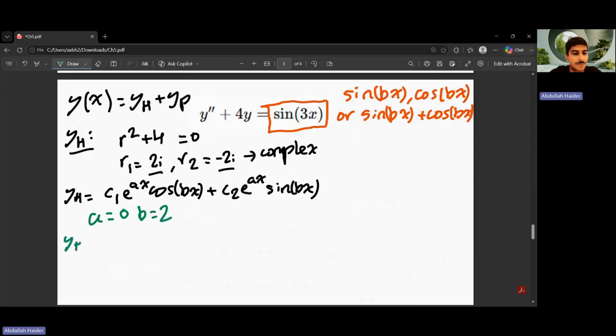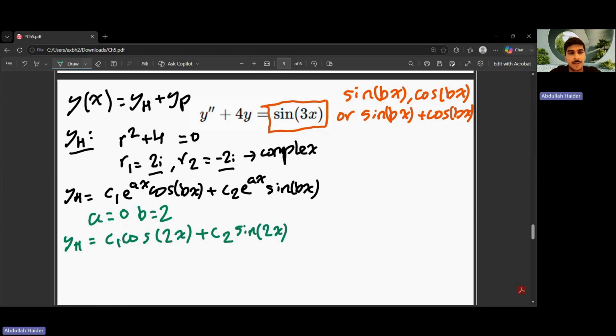So our homogeneous solution is going to be c1 e power 0x, and e power 0 is equal to 1, so I can just skip writing it to save time. c1 cosine 2x plus c2, same here, e power 0x is 1, so c2 sine 2x.